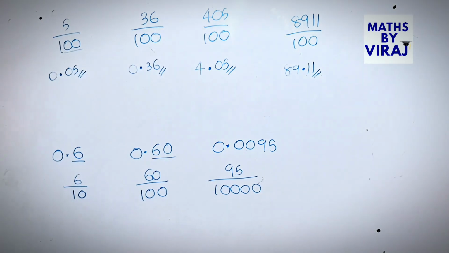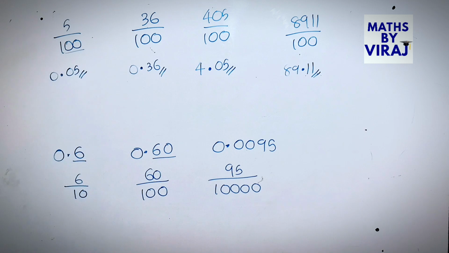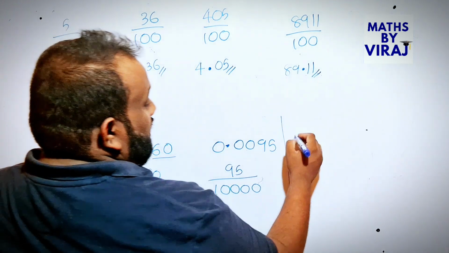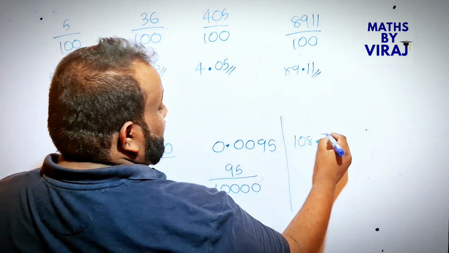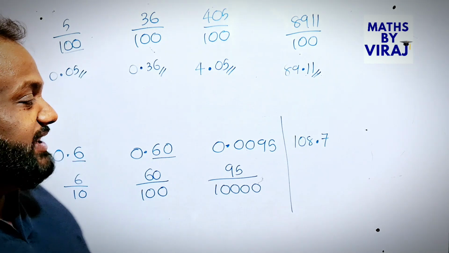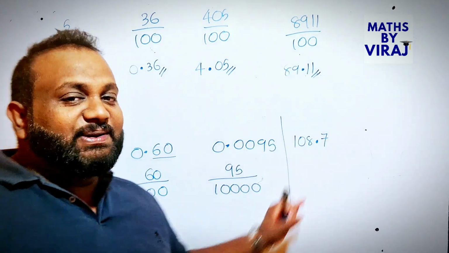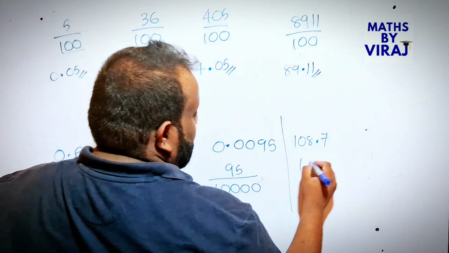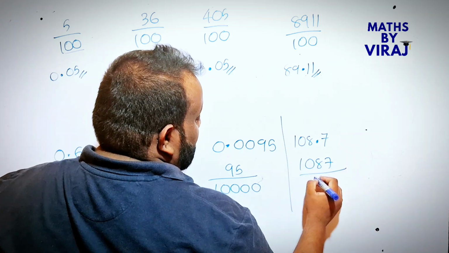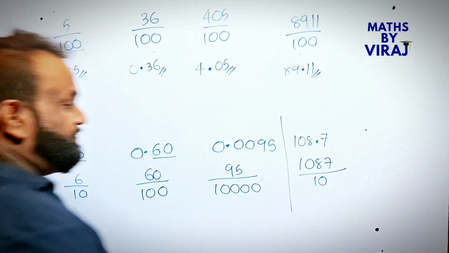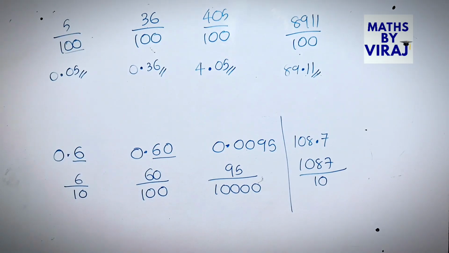Now, I have another nice question for you all. Let's see. 108.7. You see that there is only 1 decimal place. Therefore, it should be 1087 over 10. Now, this is one of the easiest methods for you to get the answer.